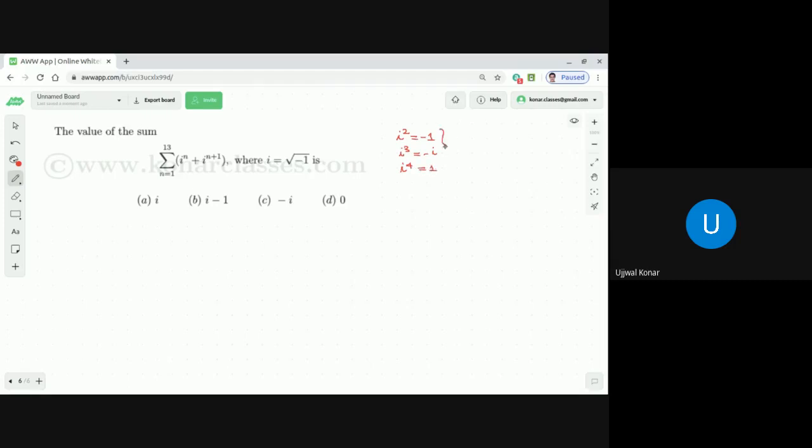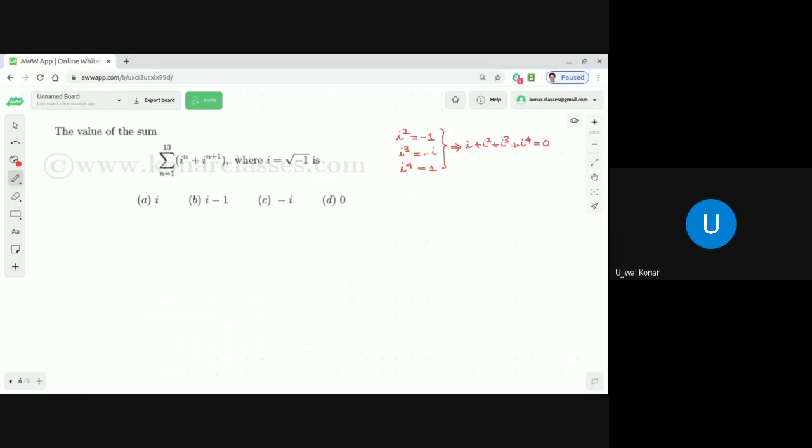Now, if you apply all these together, i plus i square plus i cube plus i power 4 actually becomes 0. Correct, dear students? Do you agree with me? Because i is i, then i square is minus 1, then i cube is minus i, and i power 4 is 1. If you add all these, you actually get 0. You can leverage that information to solve this problem.